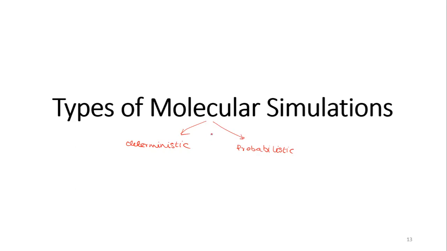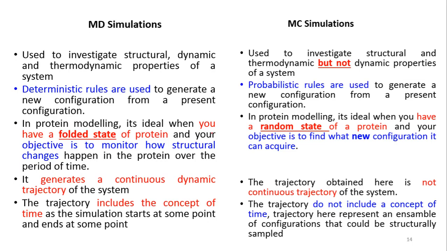Okay, so let me try to summarize what the exact basic differences are between MD simulation and Monte Carlo simulation. The very first difference lies in how they are used.